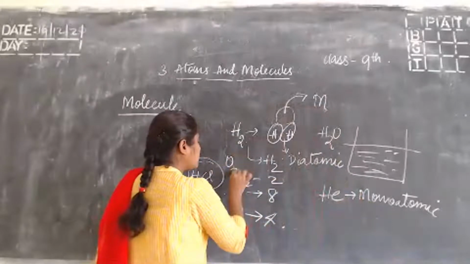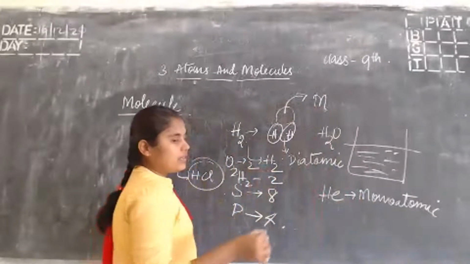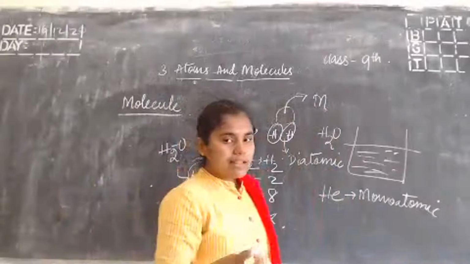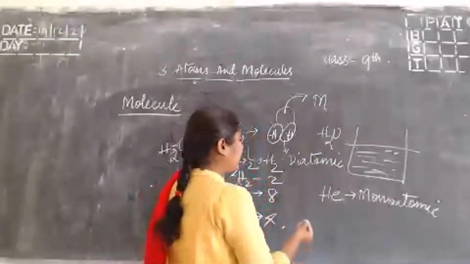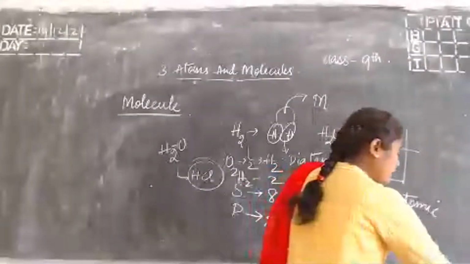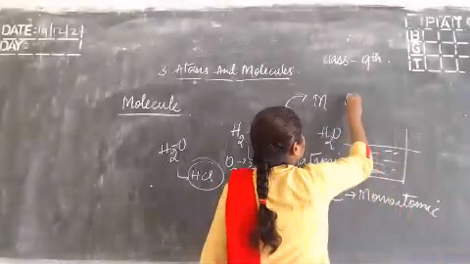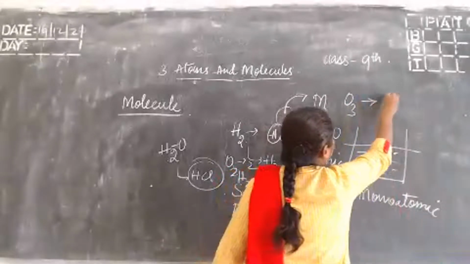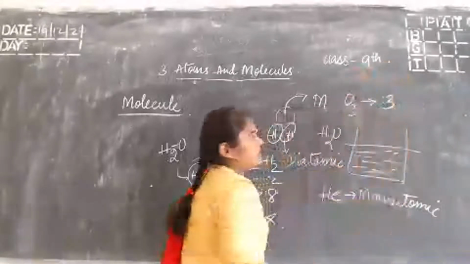Then if you take oxygen, it would be 2. Then if you take ozone, you might have known what this ozone is. Ozone has the formula O3, so the atomicity would be 3.